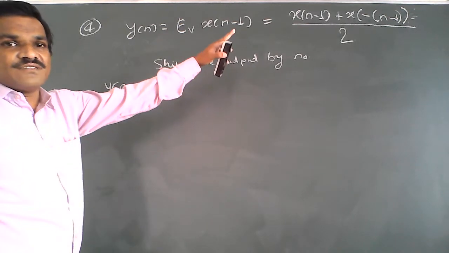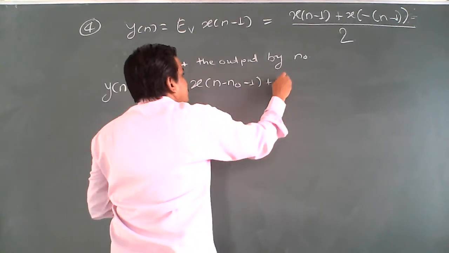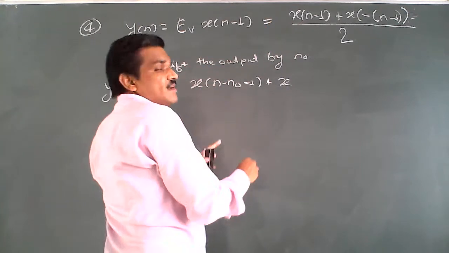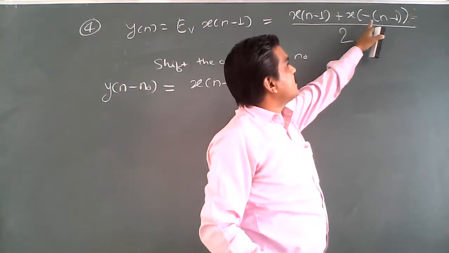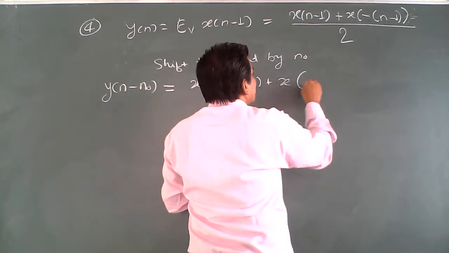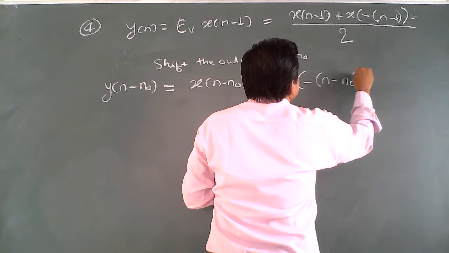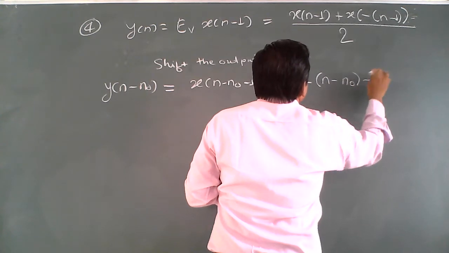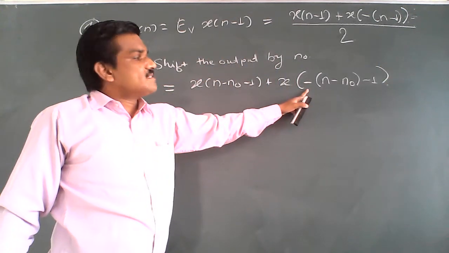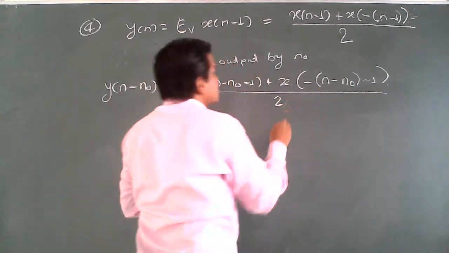If you shift this, what we will get? x of n minus n0 minus 1 plus x of minus of (n minus n0 minus 1), divided by 2.